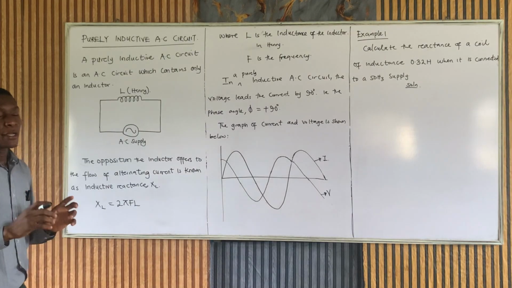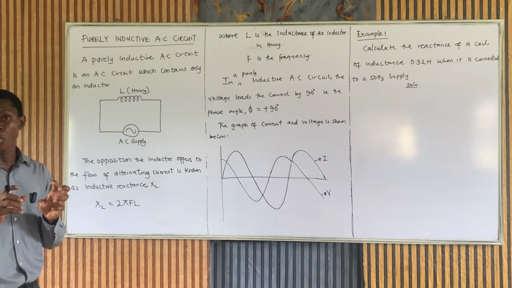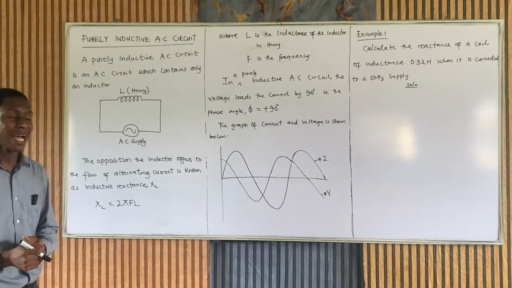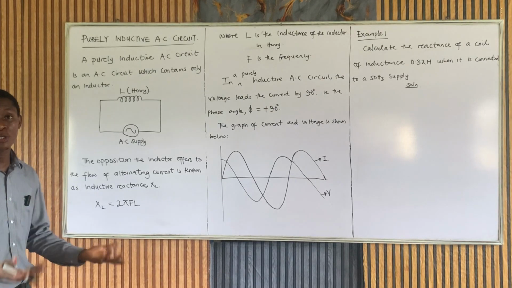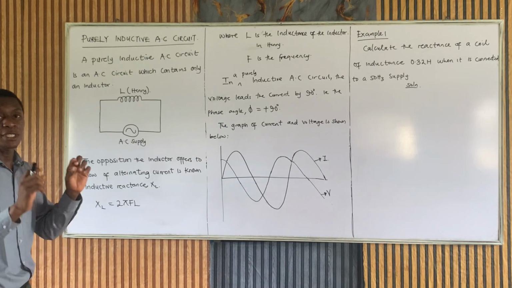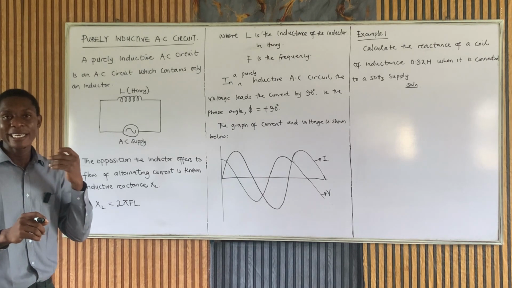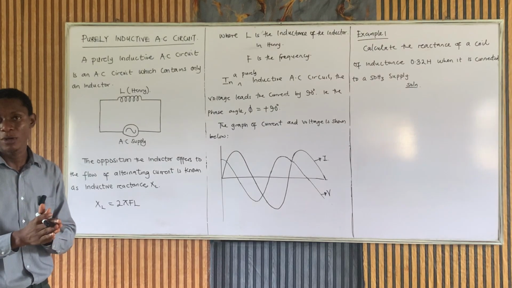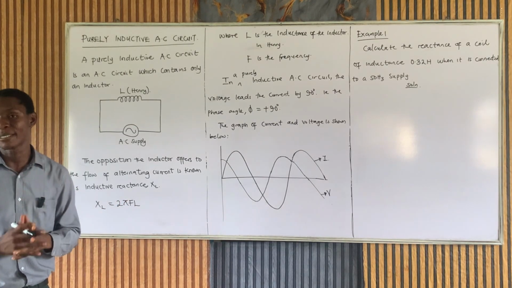You see, the opposition the inductors offer to the flow of alternating current is known as inductive reactance, and it is measured in ohms. So you see, we use the word reactance when a capacitor or an inductor is involved, while we use the word resistance when it's a resistor.